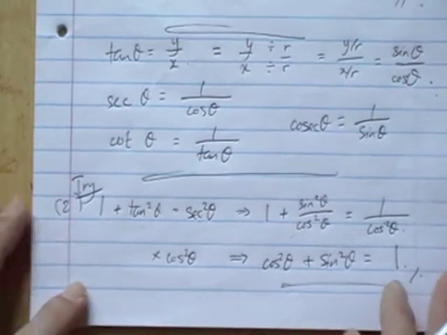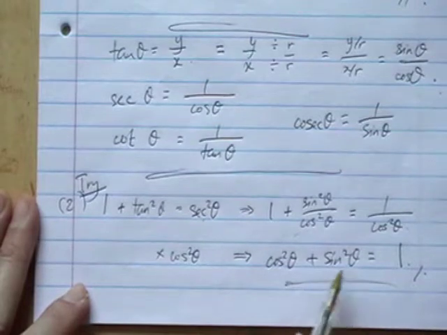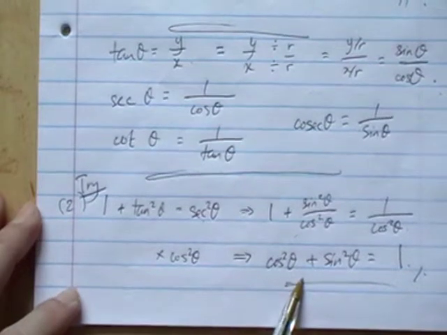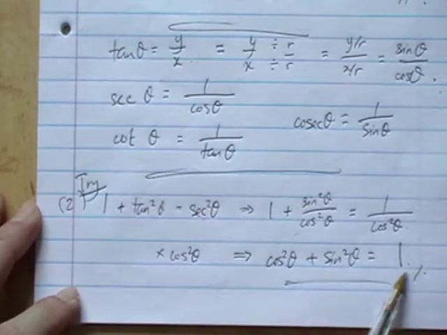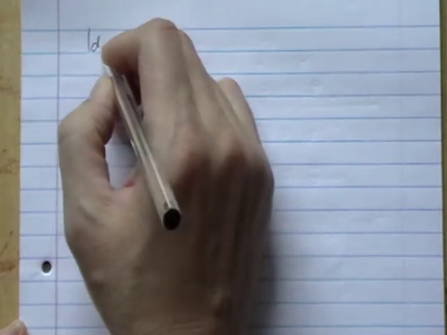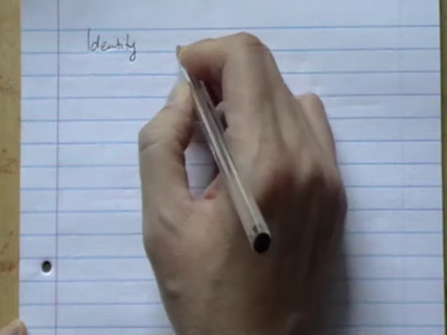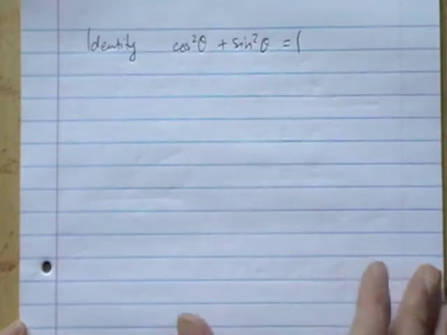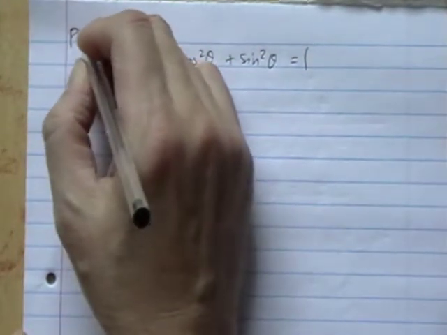Okay. Now that we have found the connection, I can now write out the proof starting from this identity, which we know, and then writing it out backwards. So the actual proof looks like this. I start from an identity. Cosine squared theta plus sine squared theta equals 1.